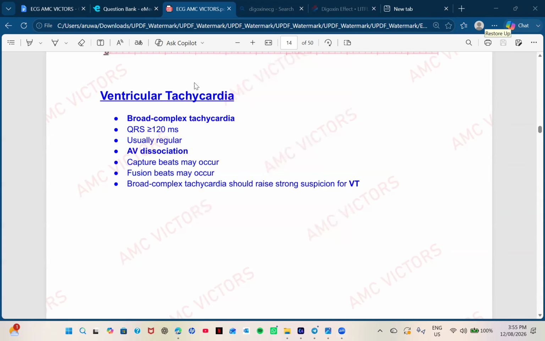According to their time period, how do we categorize them? That is clearly mentioned in the guidelines. Sustained and non-sustained. Sustained means what, doctors?